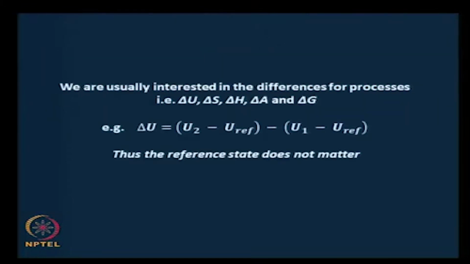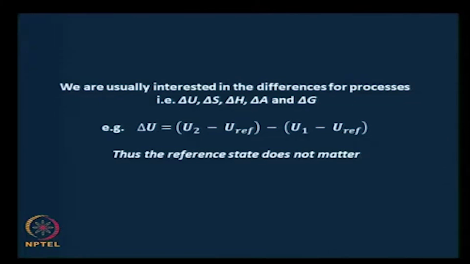If you are interested in a process, what reference state you take does not really matter because in a process we are interested in delta U, delta S, delta H, delta A and delta G, delta referring to the value at a final state minus the value at an initial state.